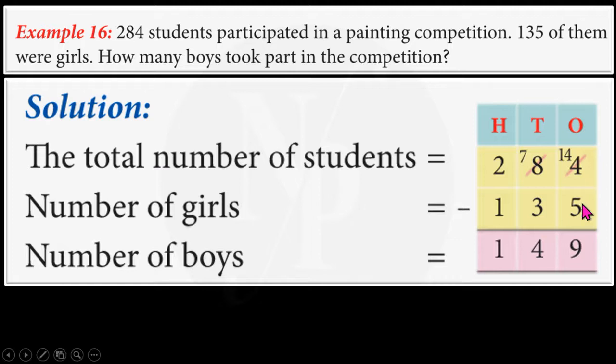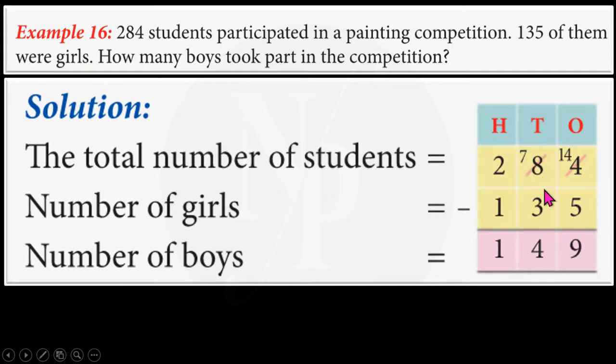So here, subtracting 5 from 4 is not possible. So we regroup. We make this 8 tens as 7 tens and we borrow 1 ten to the ones column. And together with 4 ones which we had already, it becomes 14 ones. On subtracting 5 ones from 14 ones, we get 9 ones.